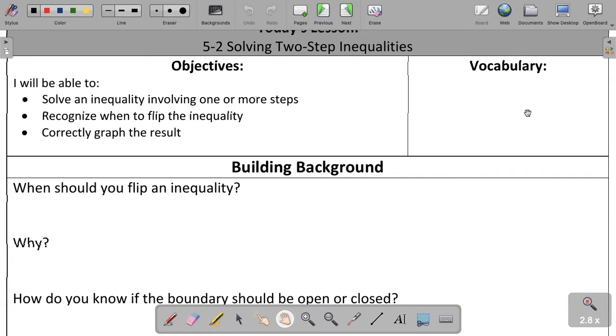Okay, so we have no new vocabulary. When should you flip an inequality? That means when do you change the direction of the arrow?